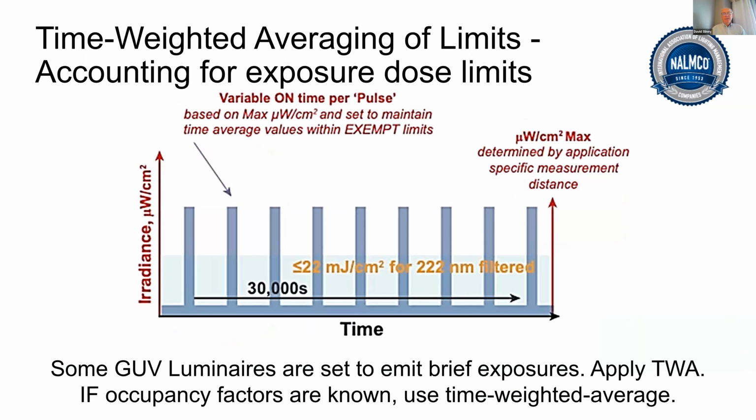This has been typical of a number of excimer lamp germicidal fixtures, where it might be on for a minute, then off for several minutes, or something like that. And in which case, you don't have to keep the exposure in the occupied space down below the peak. It's got to be the average irradiance. And this illustrates the concept of a time-weighted average.